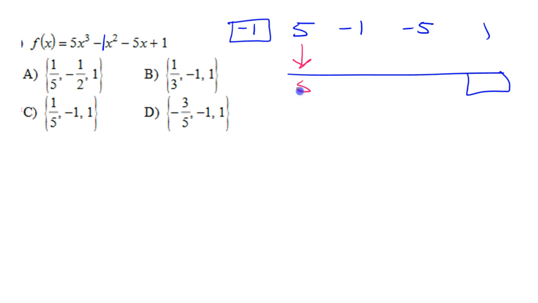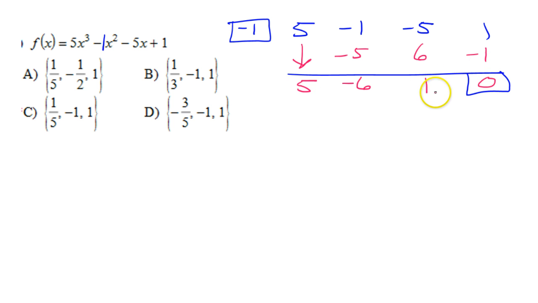So if I bring down my 5, times negative 1 is negative 5. Add these up, that's negative 6. Negative 6 times negative 1 is positive 6. Add these up, that's positive 1. 1 times negative 1 is negative 1, and of course here you get 0.